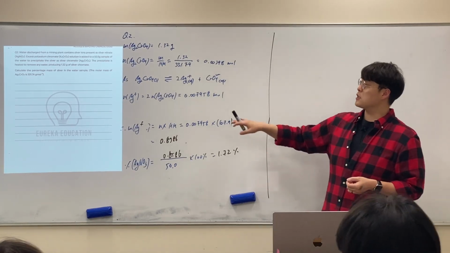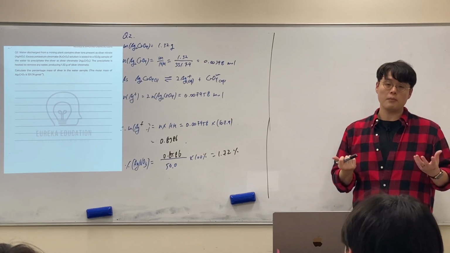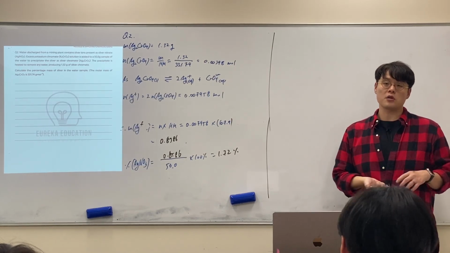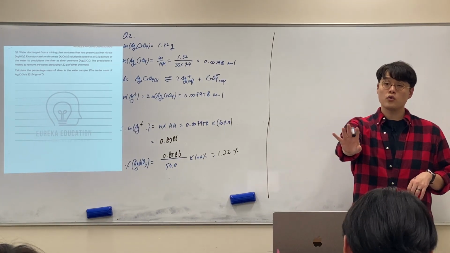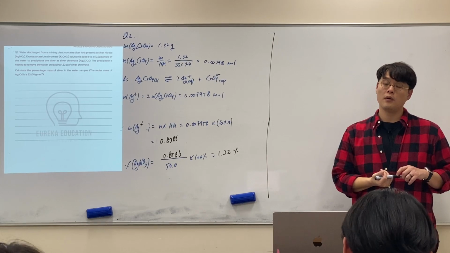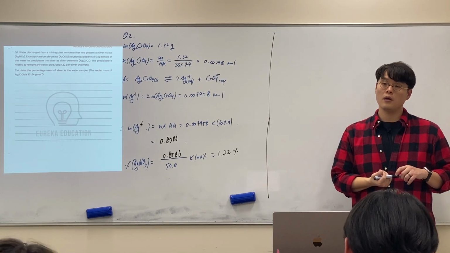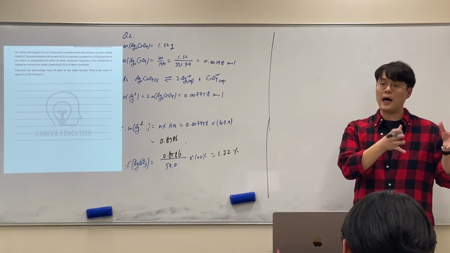I was kind of confused because I thought we needed to find the silver nitrate, or the whole thing. But you may get a question like, what about the concentration of silver nitrate too? Don't get confused, because if you have silver nitrate in the water, where are the silver ions coming from? Just silver nitrate. Yeah, so if you have silver nitrate present in the water, where are the silver ions coming from?